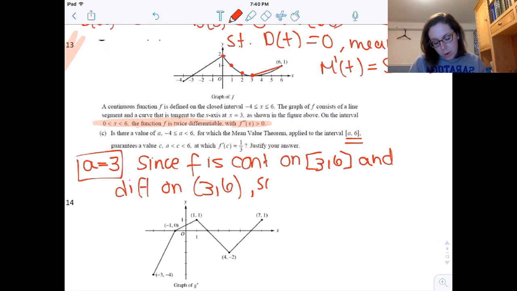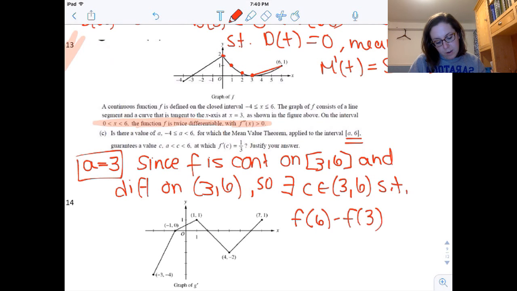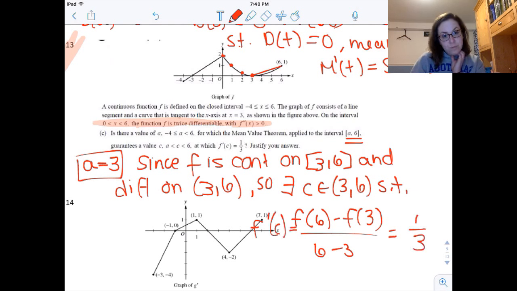So there exists a c in 3 to 6 such that f of 6 minus f of 3 over 6 minus 3 equals, or such that f prime of c equals that, which is 1/3. So really read the question and make sure you don't just jump to the first conclusion.